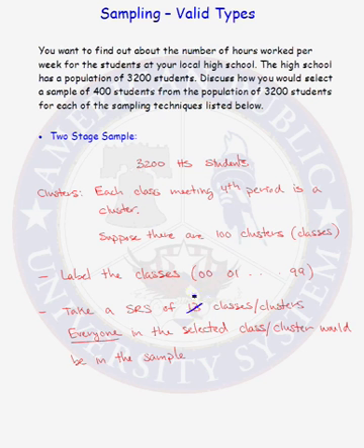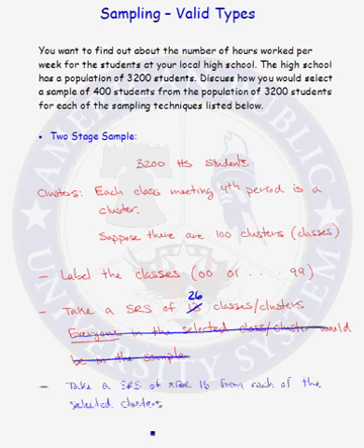Let's say we are going to randomly select 26 classes out of our 100 clusters. And instead of selecting everyone in the cluster, we want to take a simple random sample of size 16 from each of the 26 selected clusters. And that's how we would do a two-stage sample for this particular scenario.